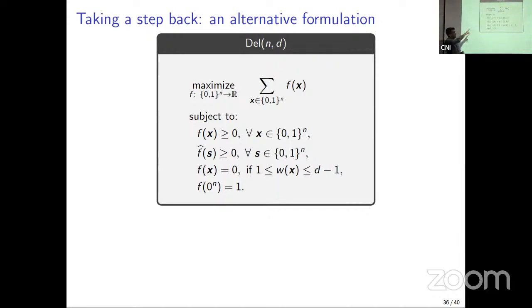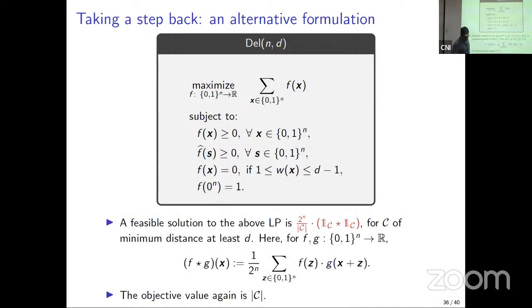And there are some constraints here, involving the Fourier coefficients, which we saw even earlier. You can construct a feasible solution for this linear program also, and again show that the value of the feasible solution is the size of the code.